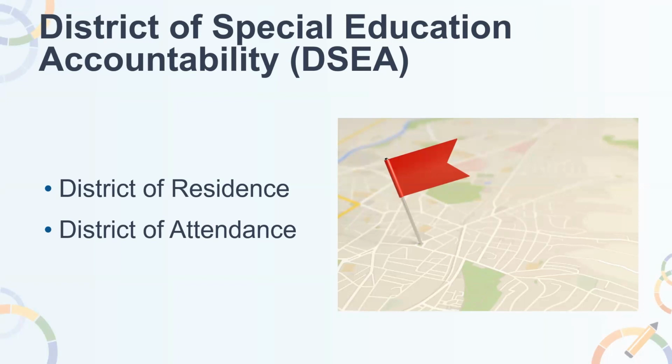These students will be sent back to the District of Residence, or DSEA, and included in the DSEA's dashboard. For example, the district where the student geographically resides is held accountable for the student's graduation outcomes, and the data is included in the District of Residence graduation rate indicator. Please note that this rule applies to LEAs only. All schools, including charter schools, are held accountable for all their students with disabilities.